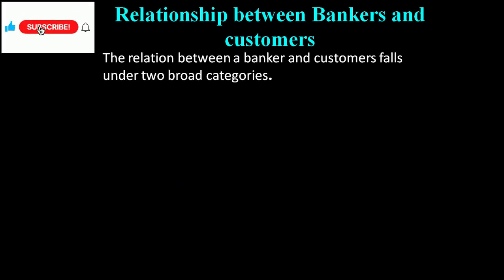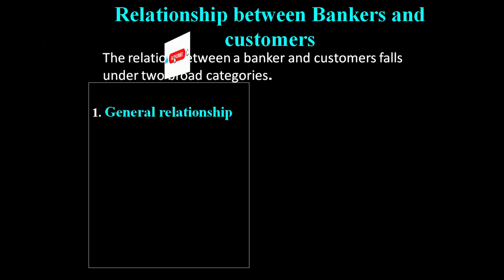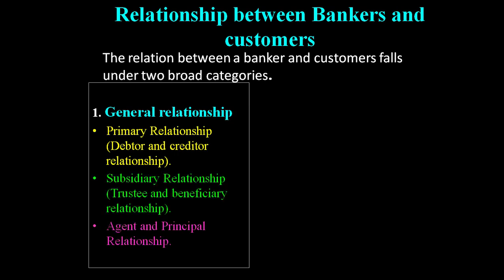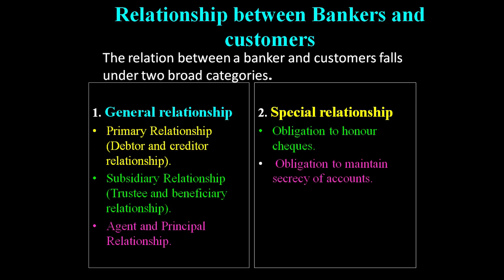Relationship between the bankers and customers. The relationship between bankers and customers falls under two broad categories. What are those? The very important concepts of relationship between bankers and customers are majorly classified into two parts: general relationship and special relationship.